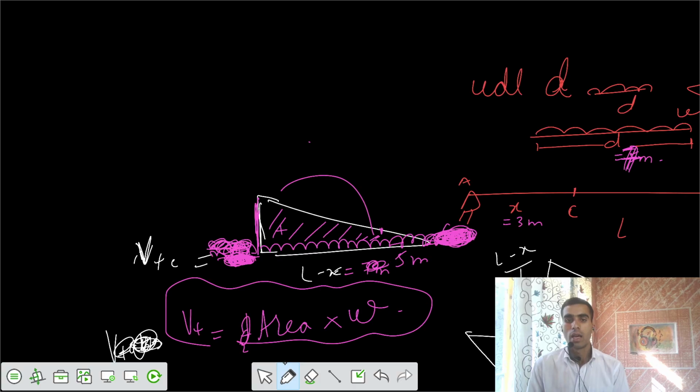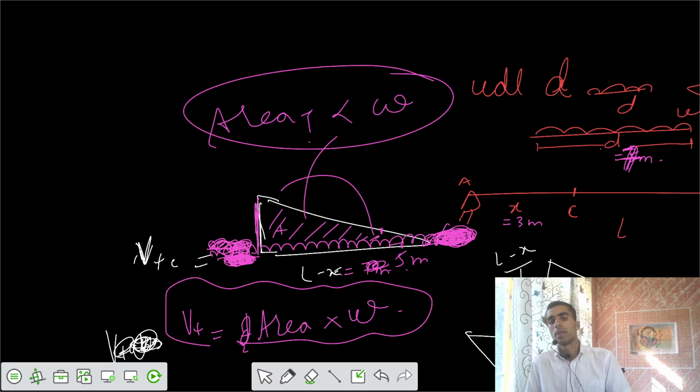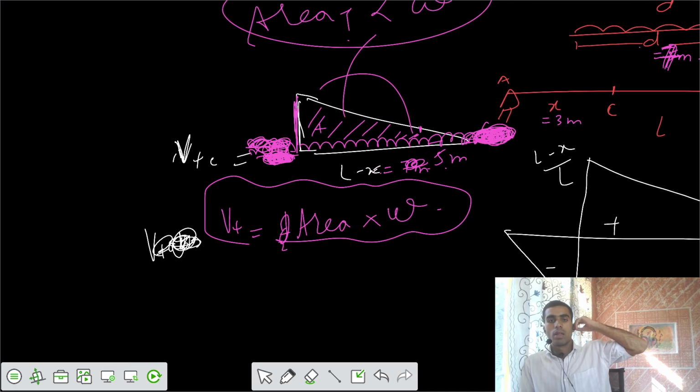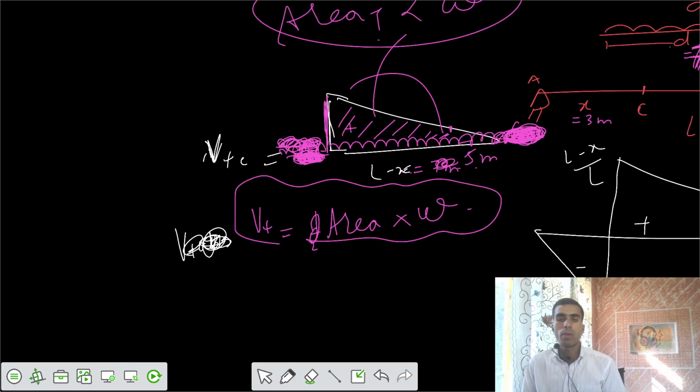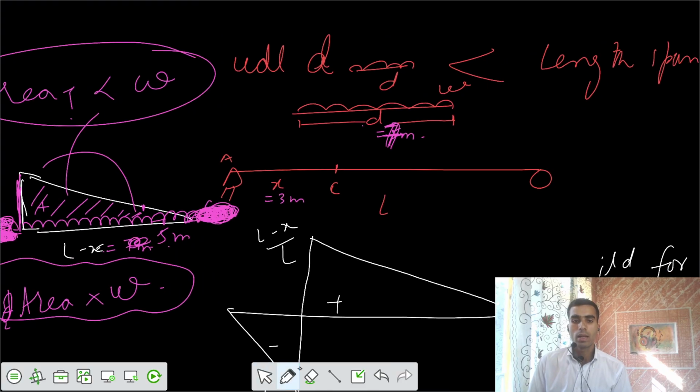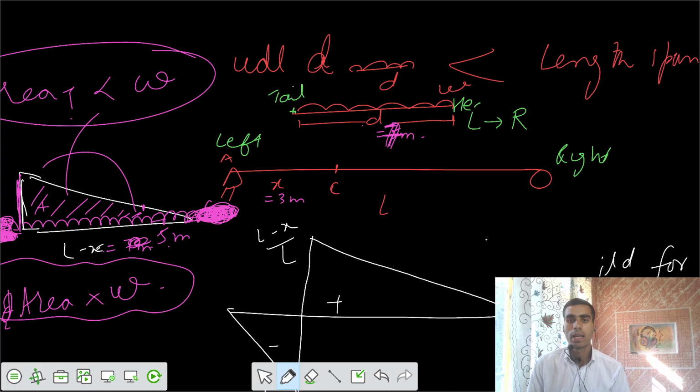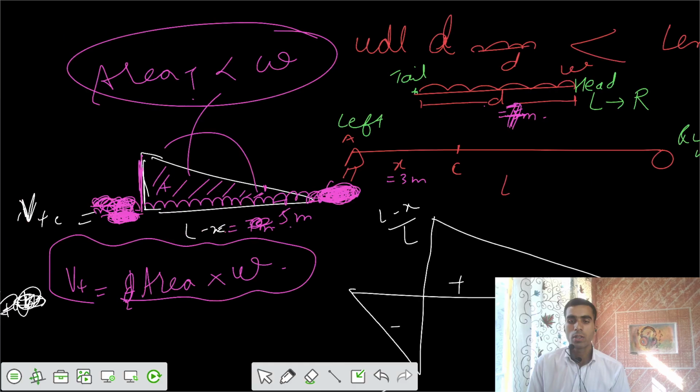So if the length of L minus X is 5 meter and the value of D is 7 meter, I would keep it for the entire length, and write total area into intensity W. Now this was your positive. The condition for V positive is that if the load is going from left to right, we call this part the tail and this part the head.